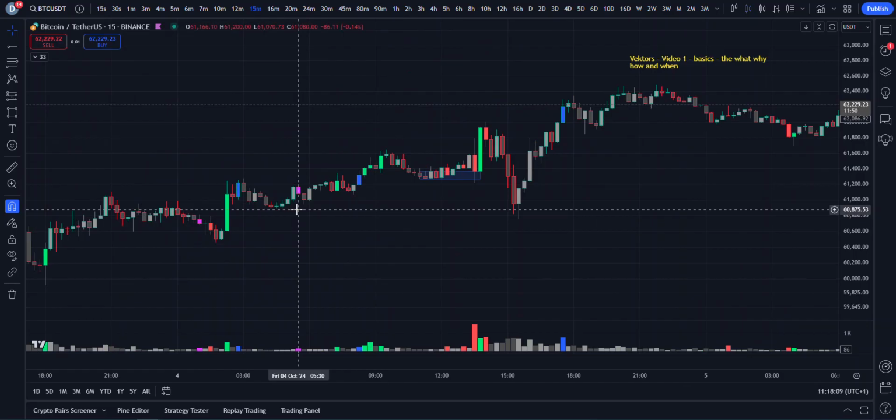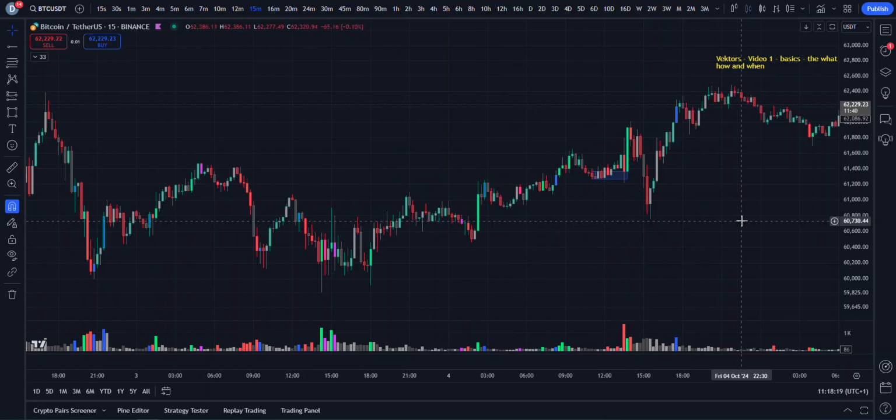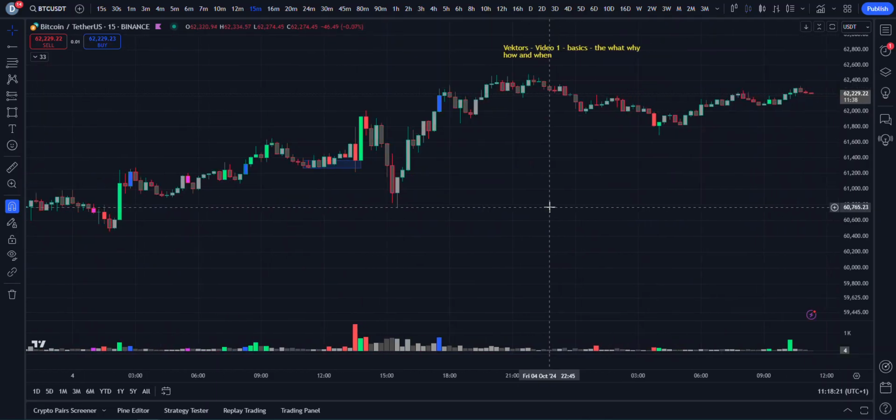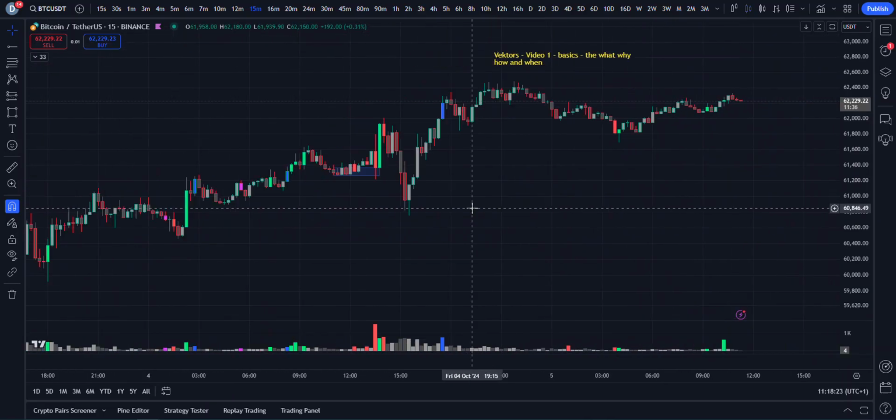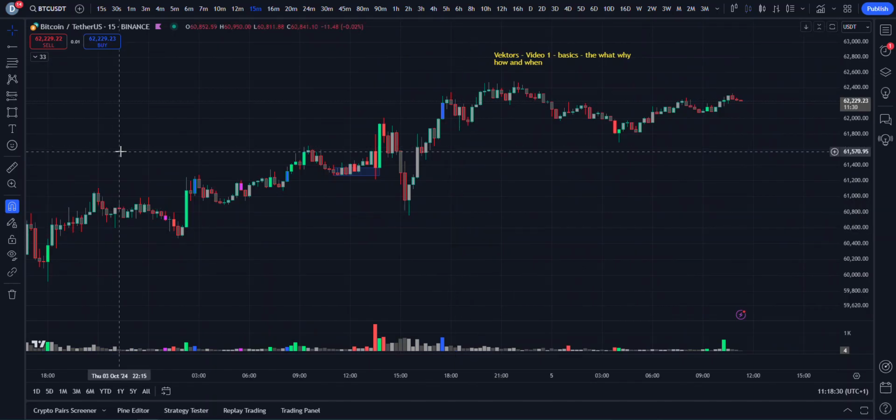It means a slowdown in volume or reversal of volume. It also suggests a reversal as such, but that'll be further explained in the video that I do with the formations and where and how to use the vector candles.